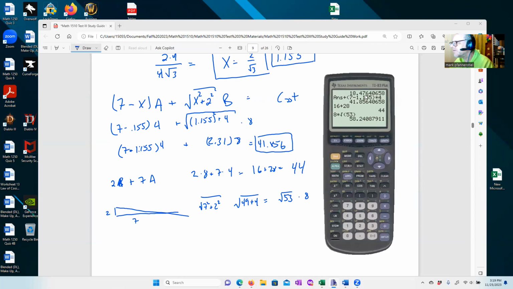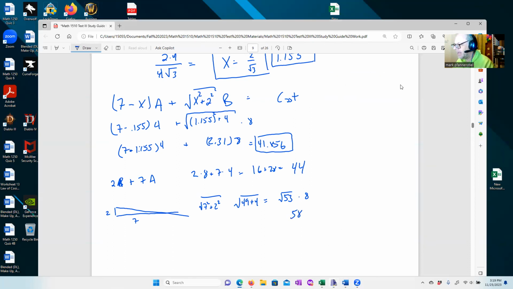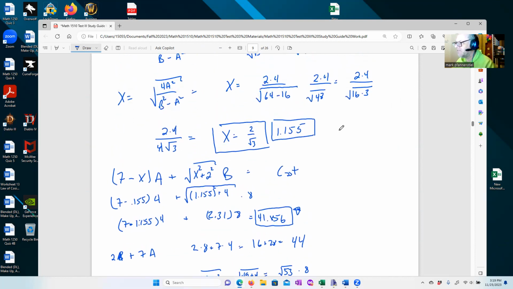We get our answer, well, it was 58.28. So yes, our costs are lower than the 2 endpoints. Okay, so that's our minimum cost, and the x value, of course, was 1.155. So X marks the spot. This is where you dig.